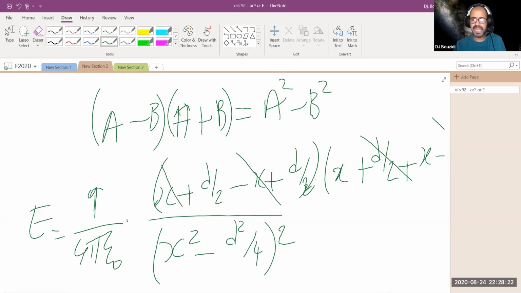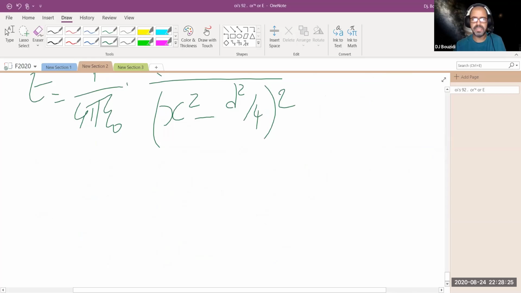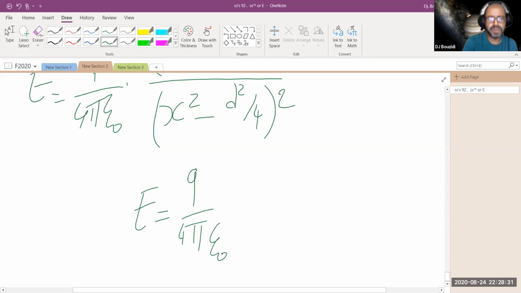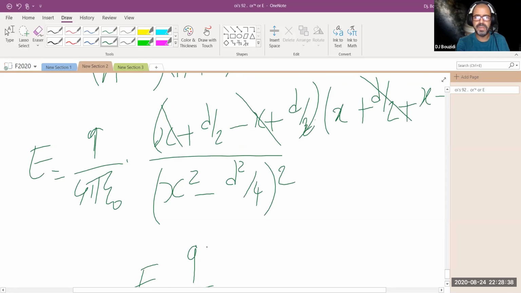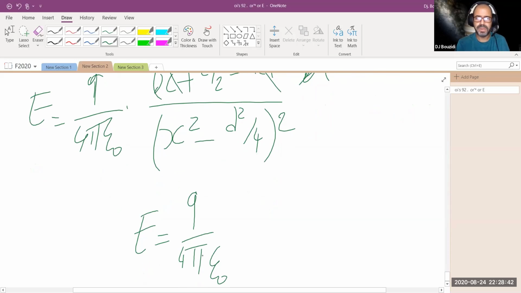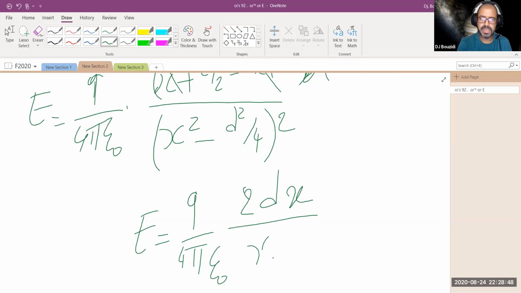So at the end of the day, after all this dust settles, I have the electric field as q over 4 pi epsilon naught. Remember, I have 2x, and I have a d. I have a d from here because I have d over 2 and a d over 2, that's d. And I have 2x from the other one. So I'm going to write it 2 times d times x divided by x squared minus d squared over 4, squared.